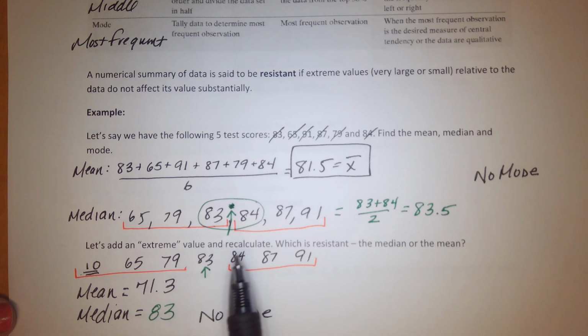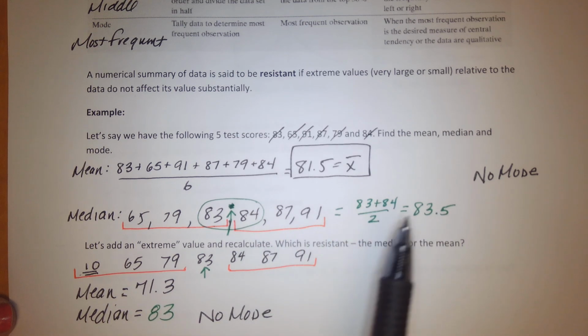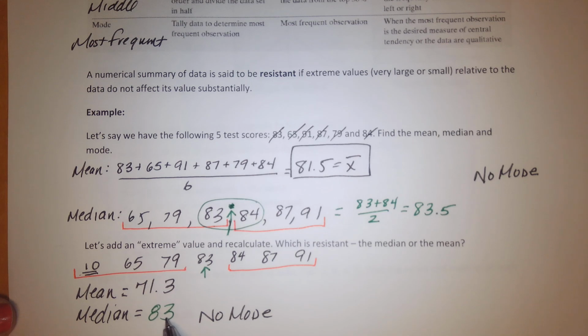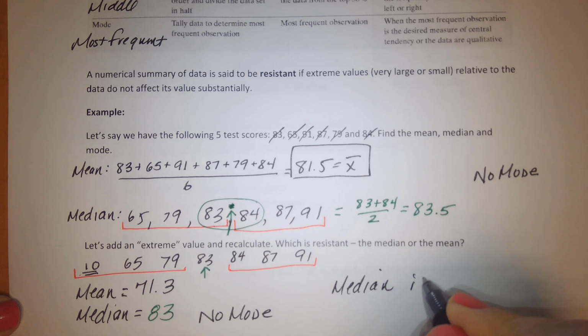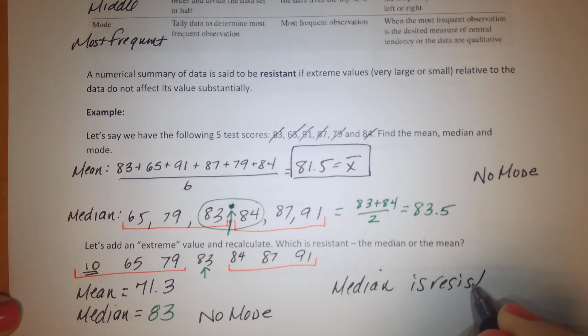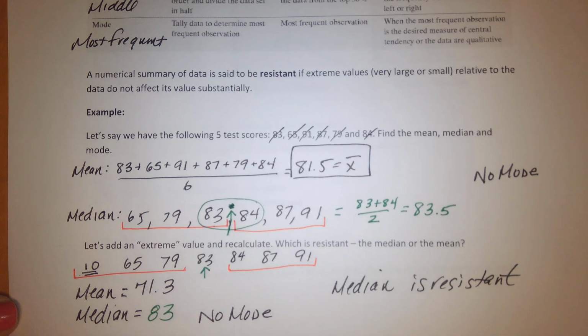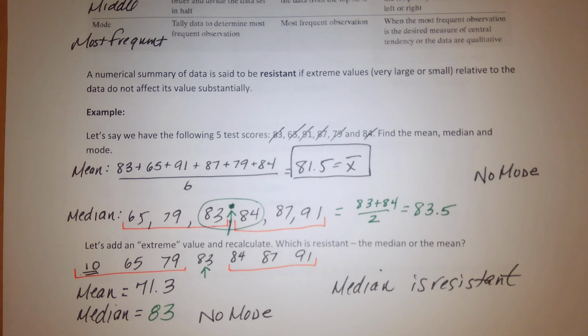The median changed from 83.5 down to 83. Since it did not change that much, it would be called resistant. So the median is resistant. Since the median is resistant, we say that the mean is not.